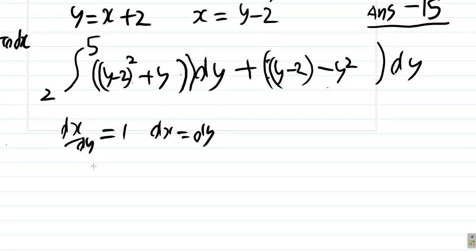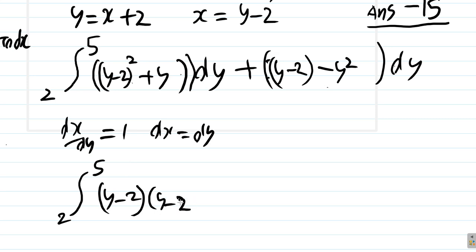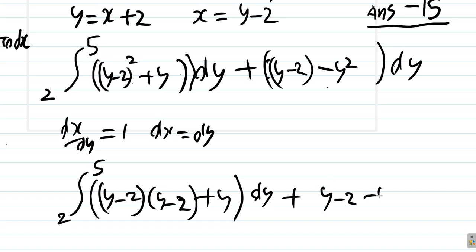So here, we have the integral from 2 to 5 of, well, y minus 2 squared is y minus 2 times y minus 2, plus y dy, plus y minus 2 minus y squared dy, is the integral of all of this.